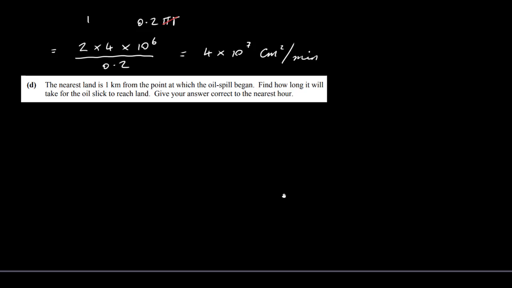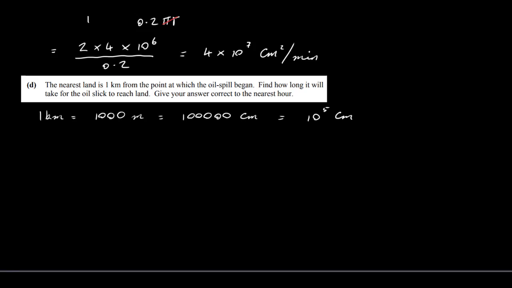The nearest land is 1 kilometer away, so we've got to change that into centimeters because we're dealing in centimeters. 1 kilometer is 1,000 meters, and that's 1,000 multiplied by 100 centimeters. So that's just going to be 10 to the power of 5 centimeters.